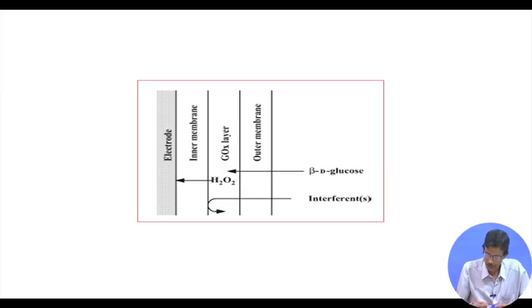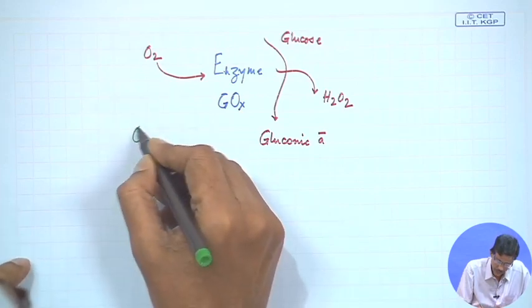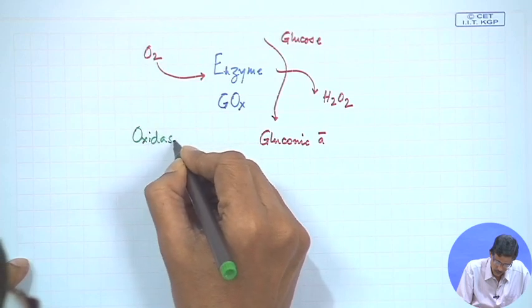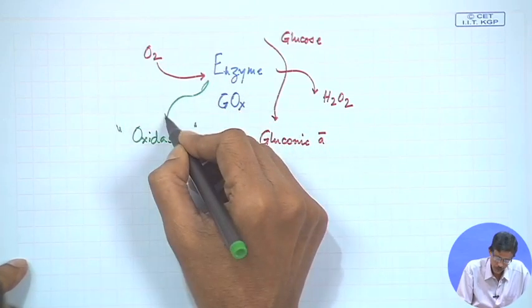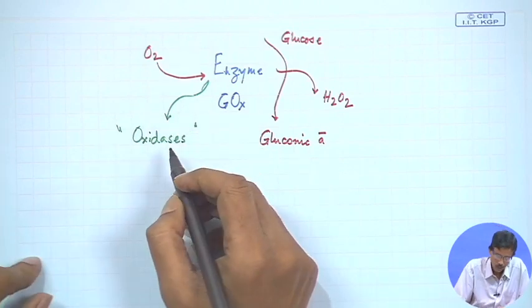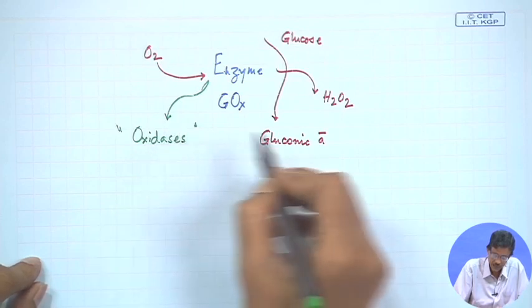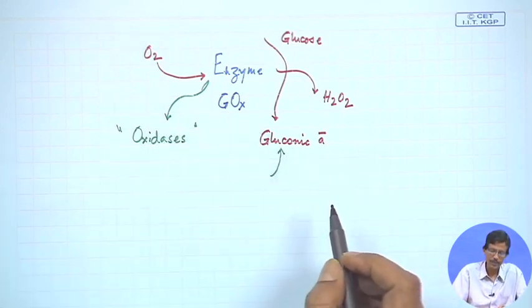So, a general terminology for this is that we can study several oxidases, these enzymes are your oxidases. It is an oxygenation reaction, that means an oxygen insertion reaction, here oxygenation on the gluconic acid.